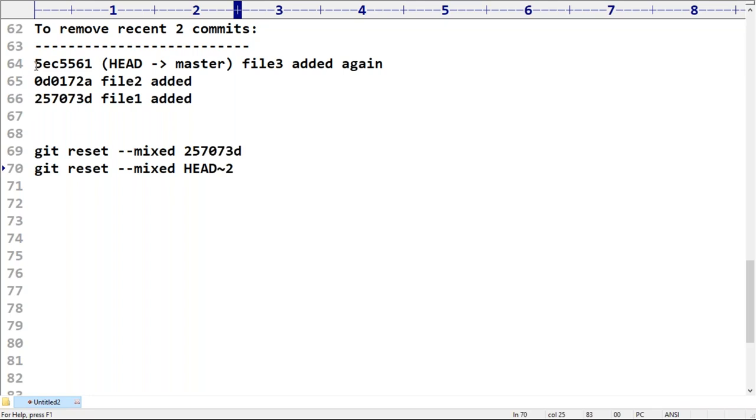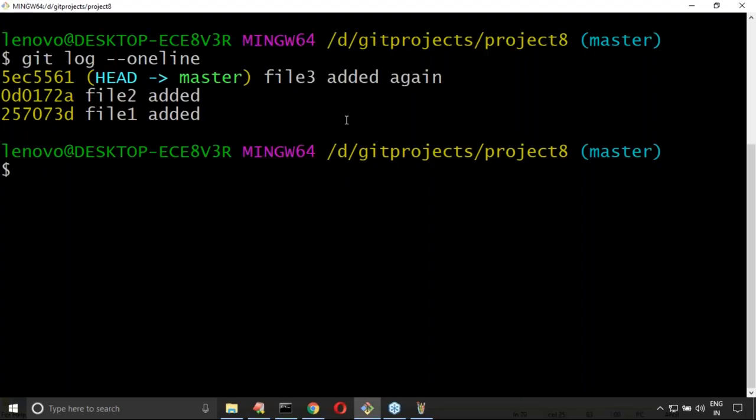This is head, this is head tilde 1, this is head tilde 2. Now let me cross check: git reset hyphen hyphen mixed head tilde 2.